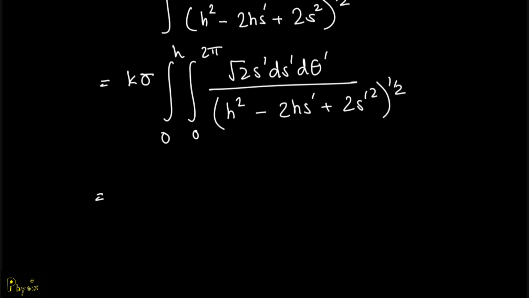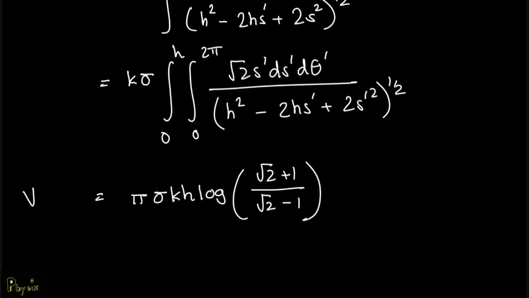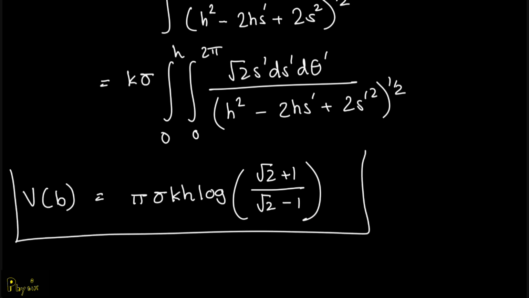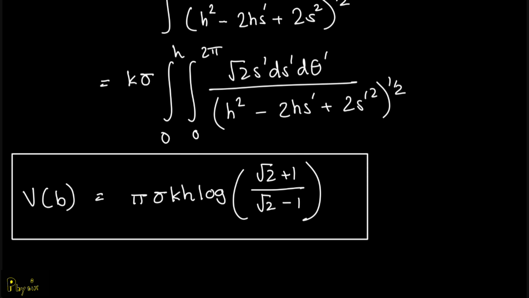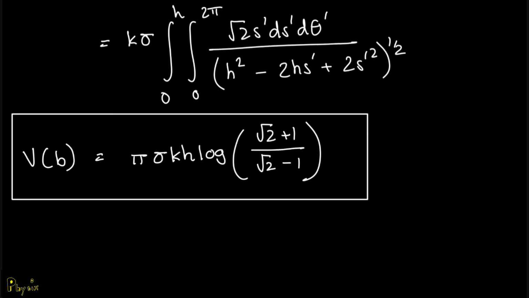Now this is an integral for the computer to solve, so I will plug these things into the computer and just give you the result. And the result, you can try it out on your own as well. It gives you pi sigma k h log of (square root of 2 plus 1) all over (square root of 2 minus 1). And this is V at point B. Okay, and you can write this down in other terms as well if you want.